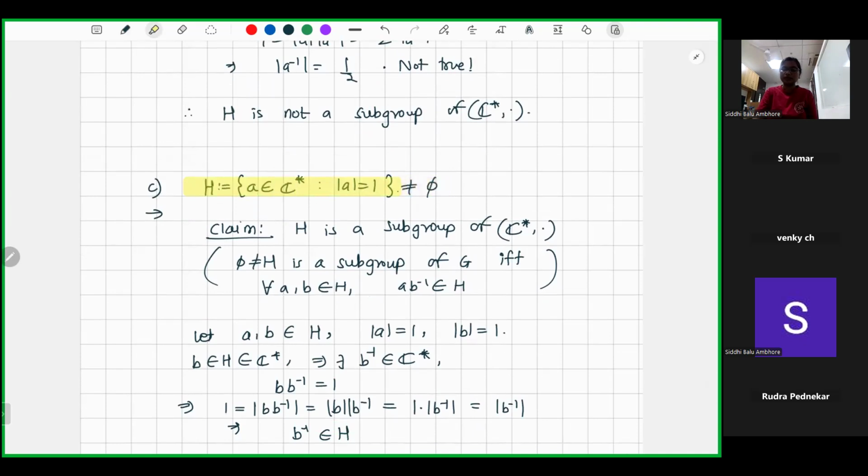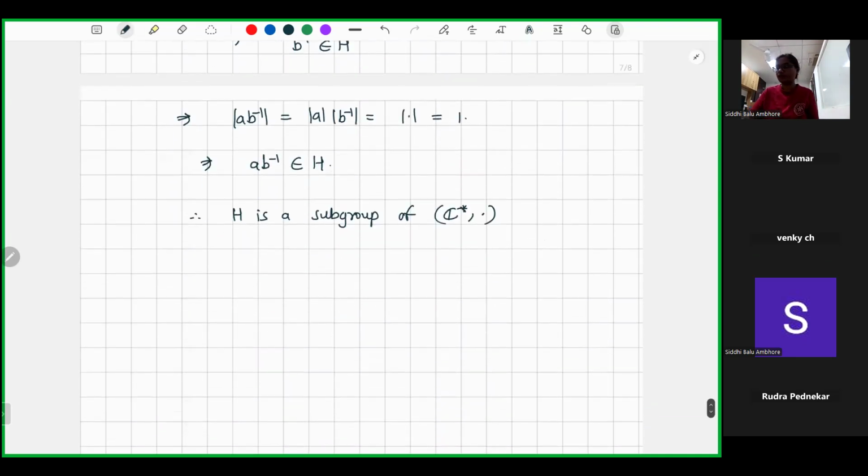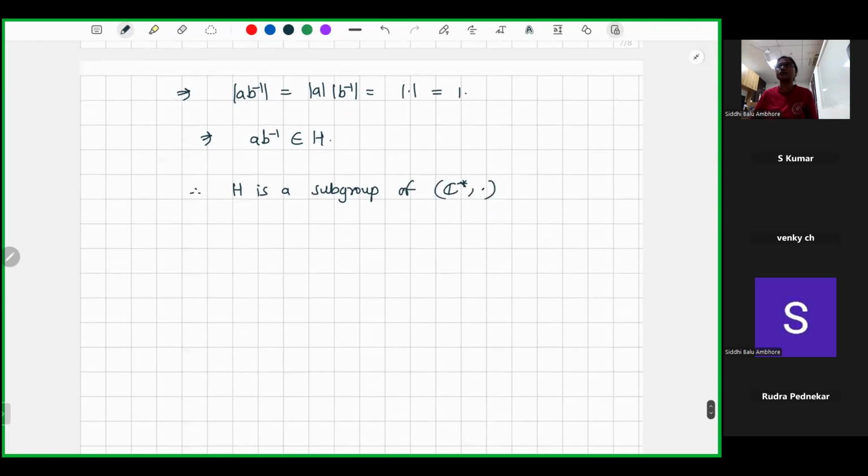Any doubts here? No, right? If you have any doubt, please let me know. Otherwise, we will move.